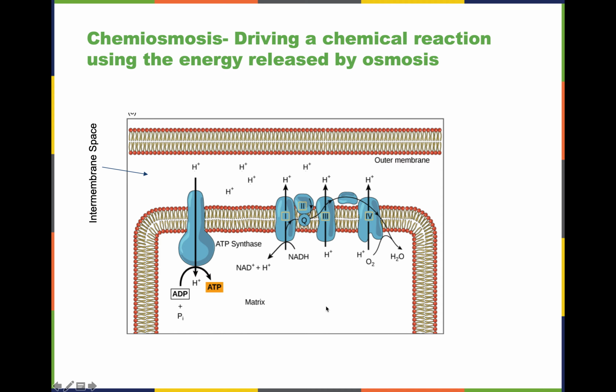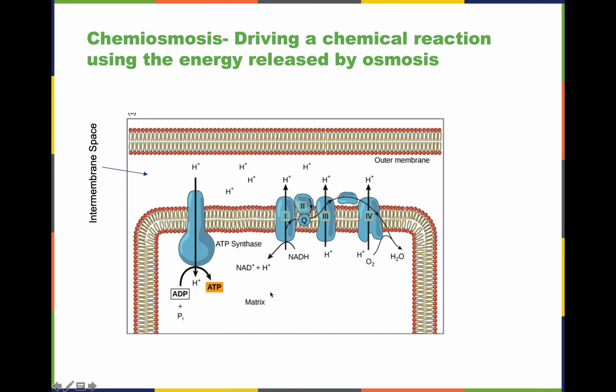So now when we put everything together in the step of oxidative phosphorylation, what the cell is able to do is a process called chemiosmosis. Chemiosmosis means driving a chemical reaction using the energy released by osmosis.